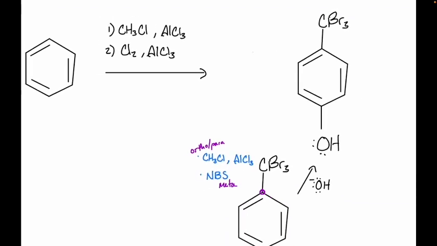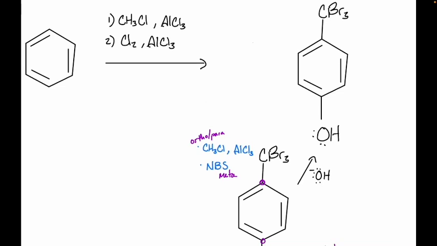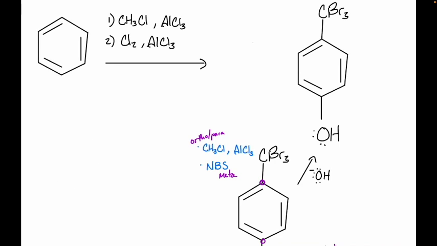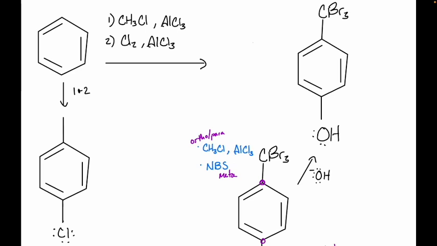All right. So now after these two steps, I will have my methyl group and my chloro group para to one another. And yes, I would also have a mixture of the ortho product in there. We're assuming that we're able to separate those out to get our desired product.